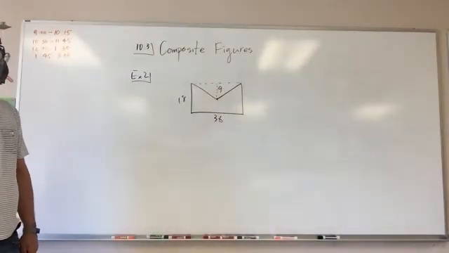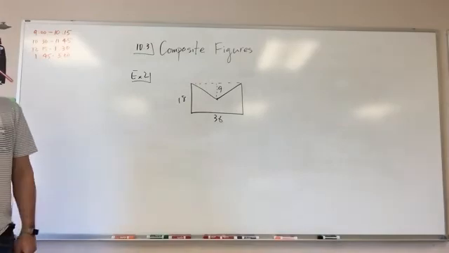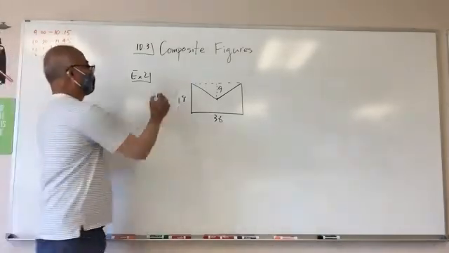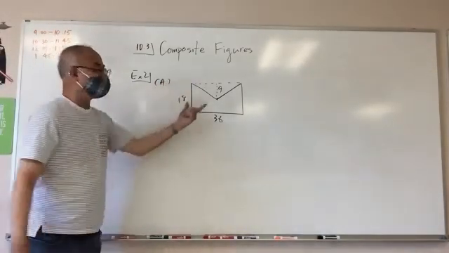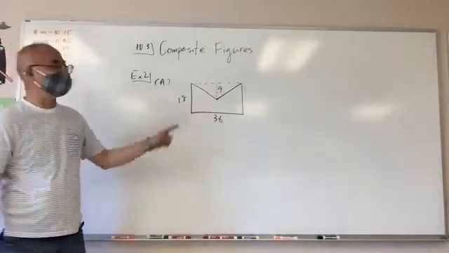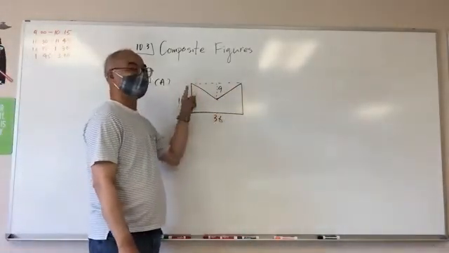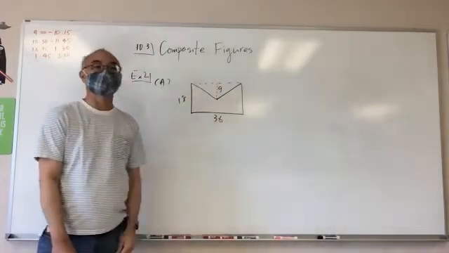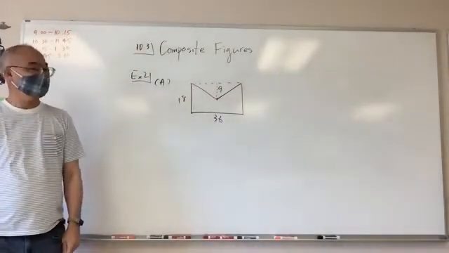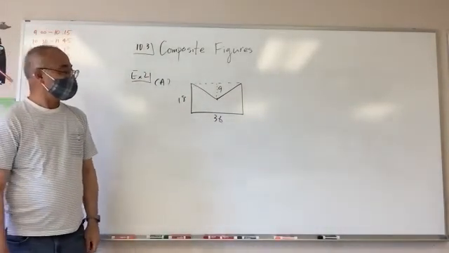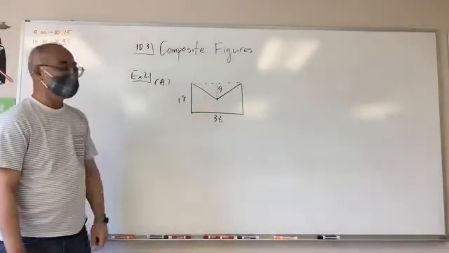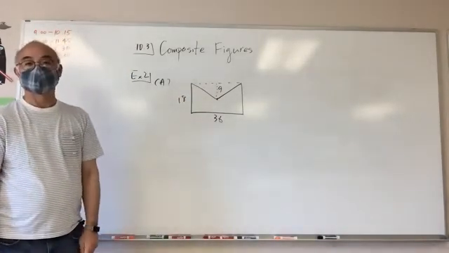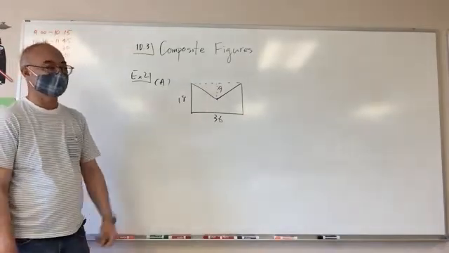So this is fairly evident, right? I mean, it kind of shows you what we're going to do, right? We're going to go ahead and do the rectangle and then subtract out the triangle, right? Okay. So how would you find the area of the triangle on this one?